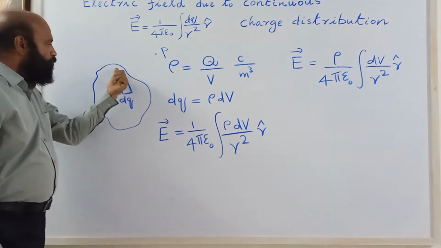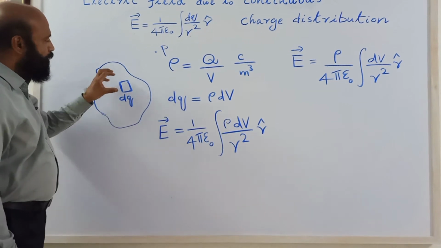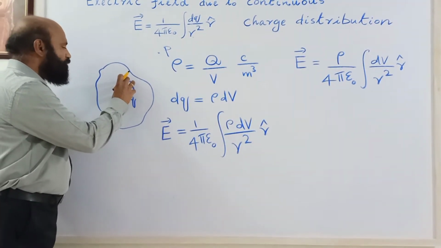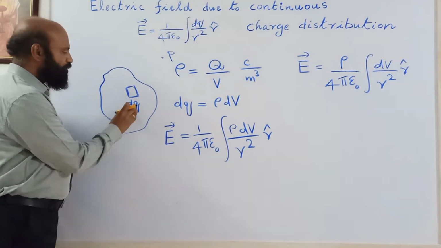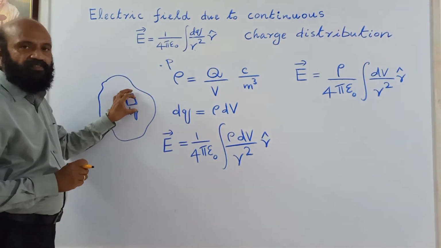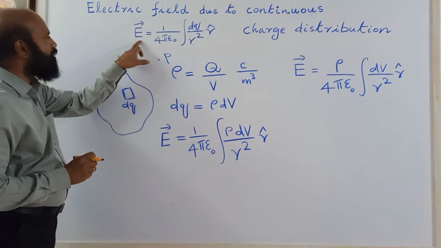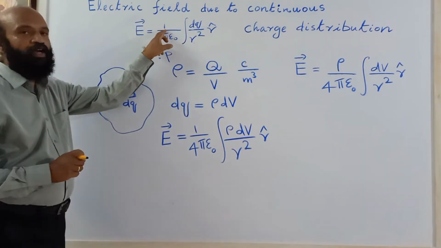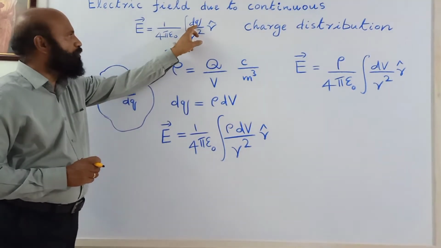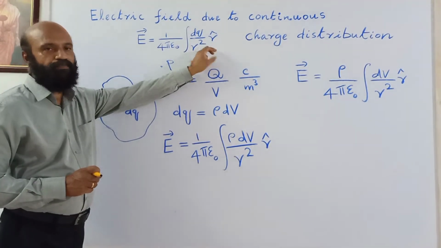This volume can be considered to be made up of infinitesimally small charge elements dq. Field here, because of this charge element, is given by this relation: E vector is equal to 1 by 4 pi epsilon 0 integral of dq by r square r cap.